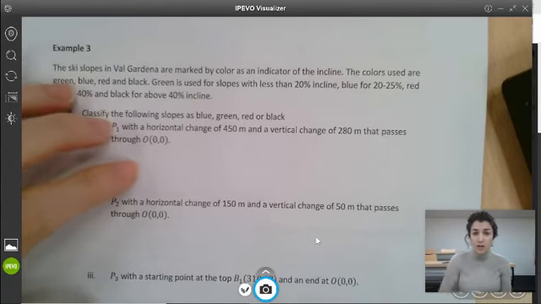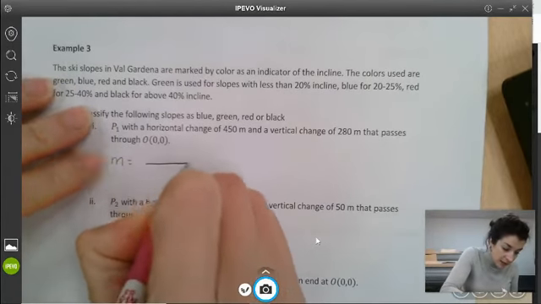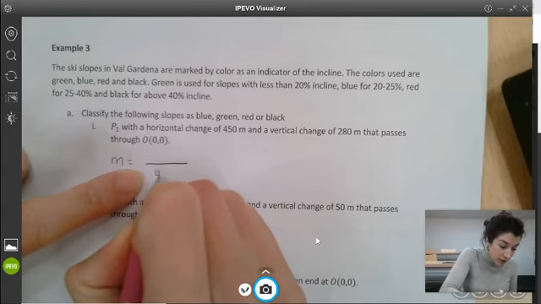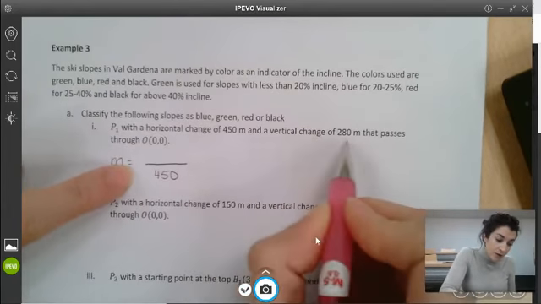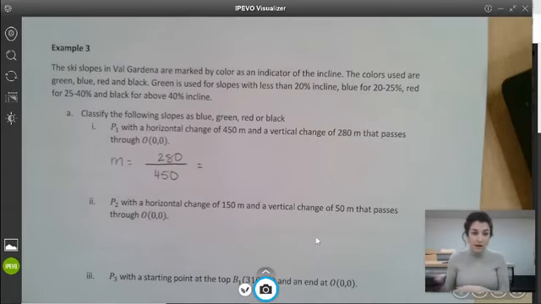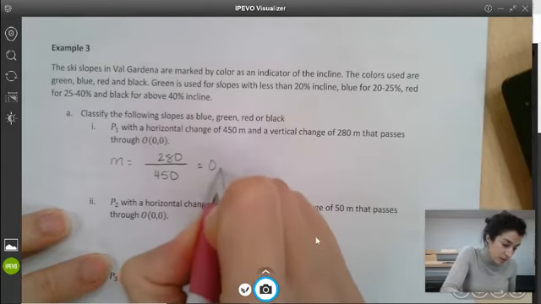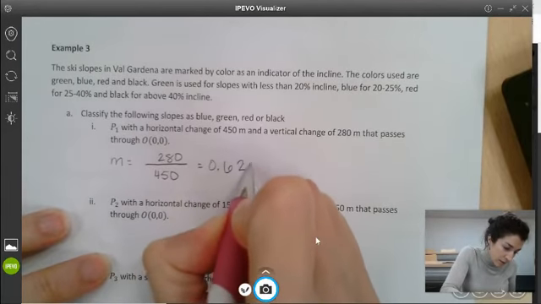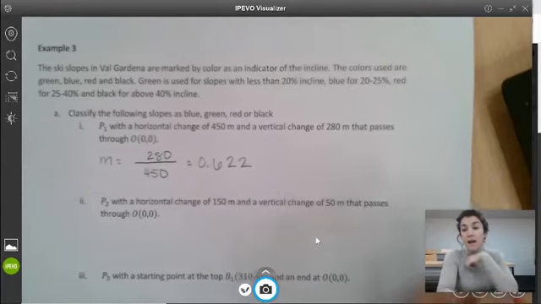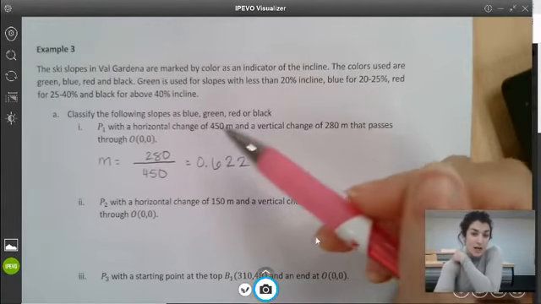Okay, so if our horizontal change is 450, that is your change in your x values, so that goes in the denominator. And then a vertical change of 280 goes in the numerator. If we go ahead and find that as a decimal, the answer is 0.622. Which is a pretty significant incline.